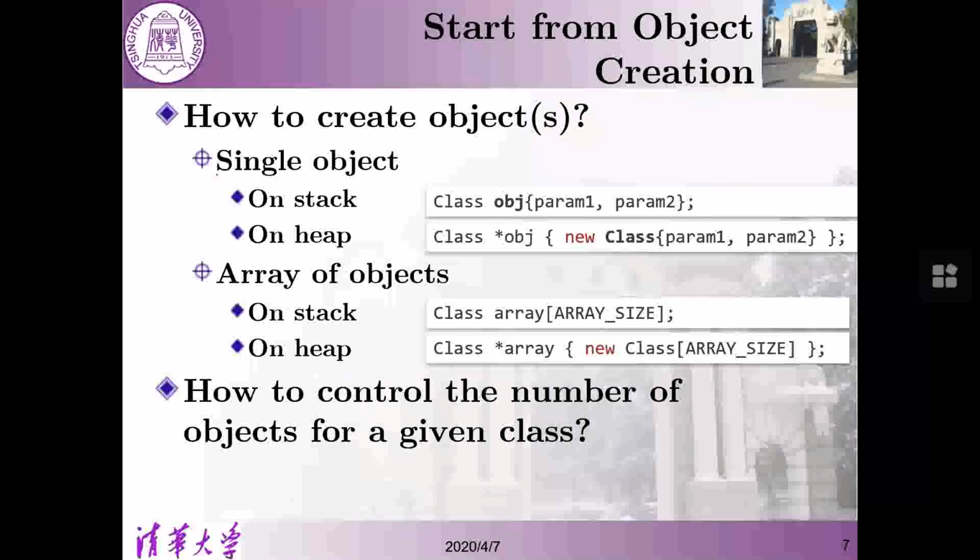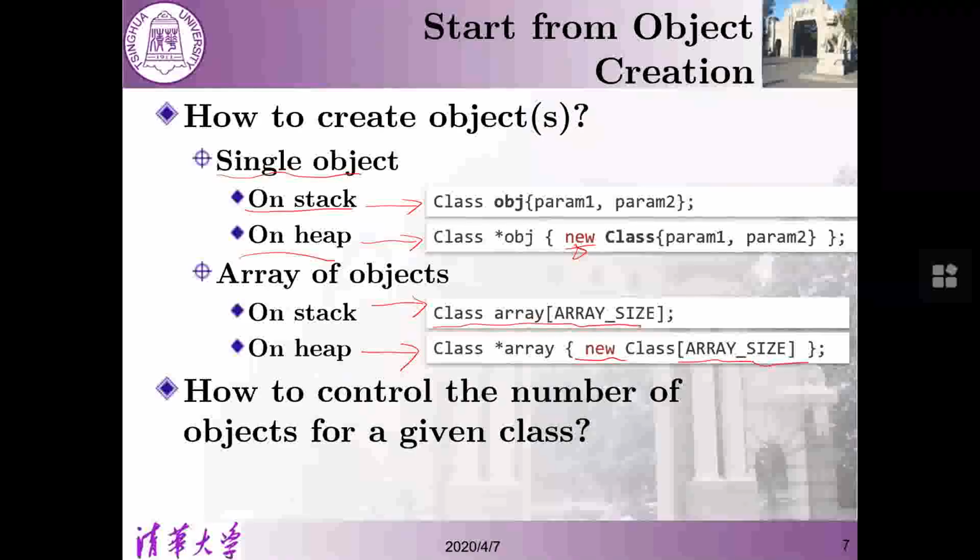If we want to create a single object, there are typically two ways: one is on the stack, a local object, and another is on the heap, where we use new. If we want to create arrays of objects, there are still two ways: one on the stack, as local objects, and another using new with brackets to allocate an array of objects.